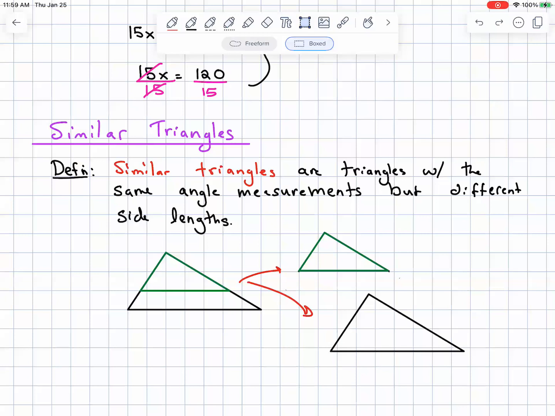So similar triangles are ones that have the exact same angle measurements, but different side length measurements.